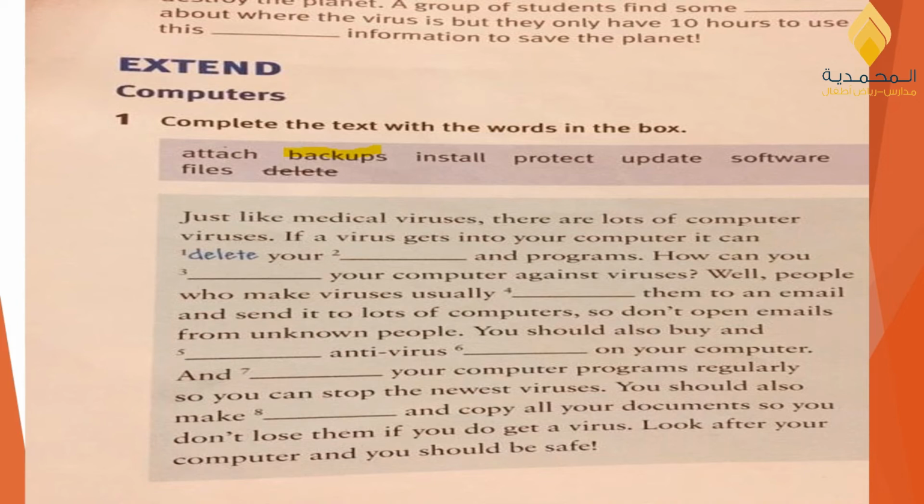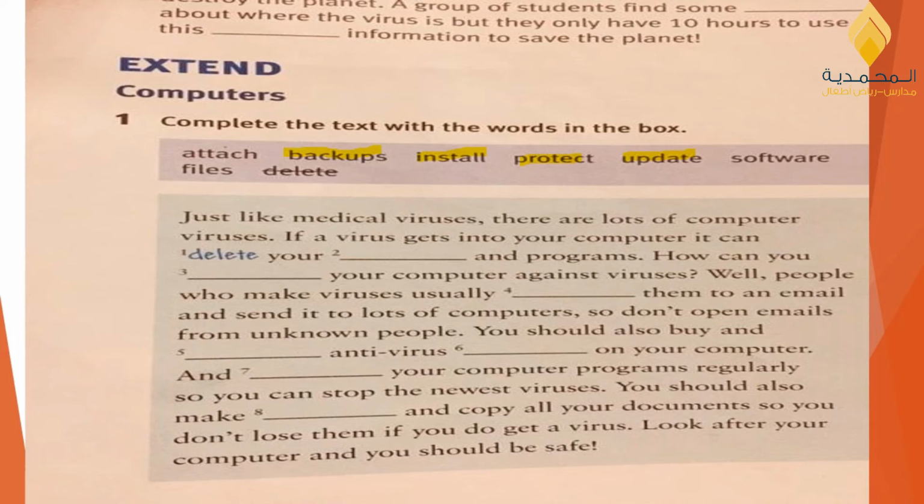Install. Install means to start working with a program, to initiate it. Protect means to save your computer from any damage. Update. Update means to modernize your computer, to make it up to date, always to have the newest versions.